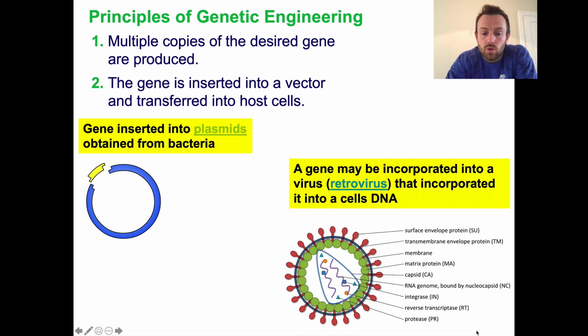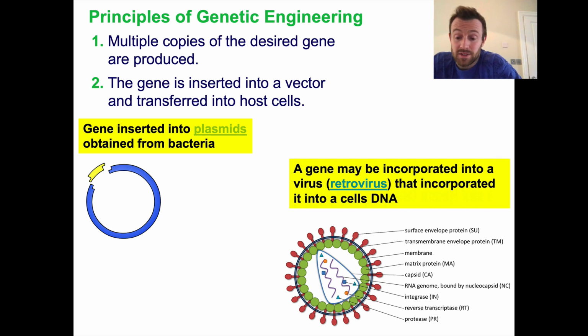So first of all, let's talk about the viral vector, and then we're going to go into a bit more detail with the plasmid. A viral vector might be this virus, for example. Now, viruses, as hopefully you're aware, have sometimes DNA or sometimes RNA in the middle, but what we can do is edit out the DNA from the center of the virus and replace it with the DNA that we want the virus to put into a cell.